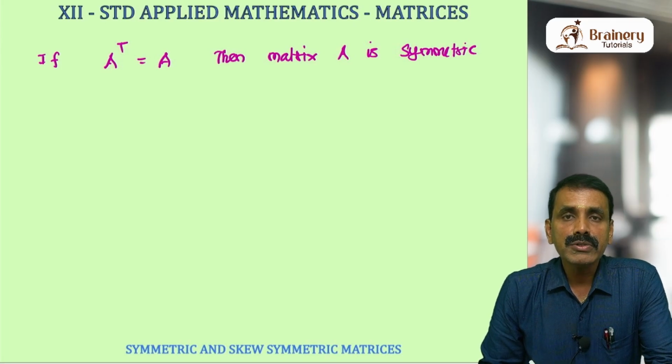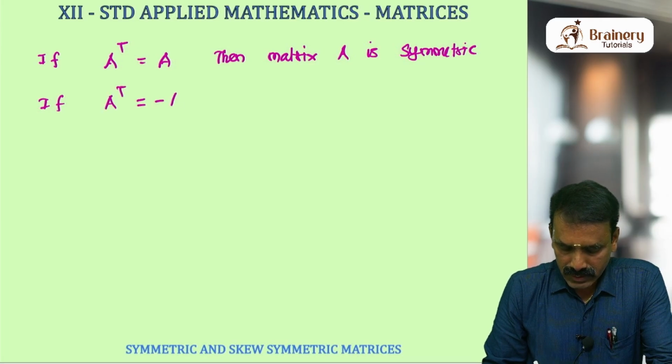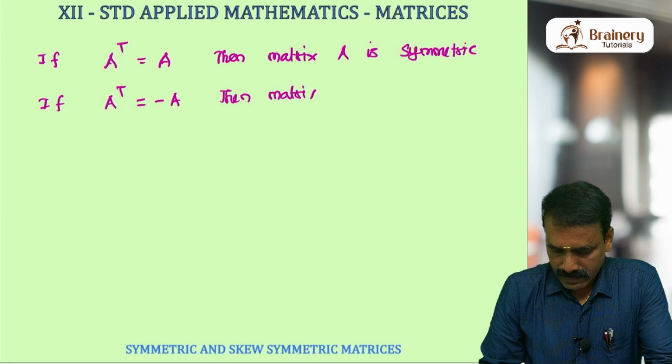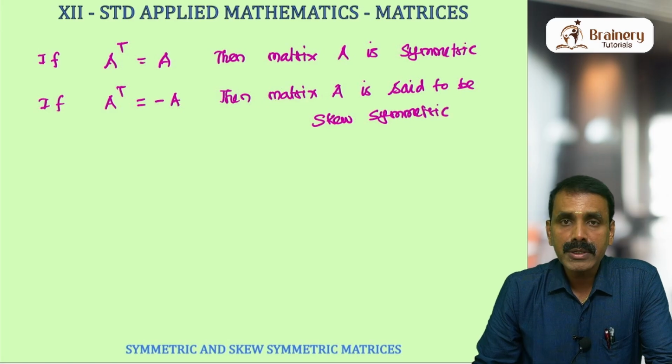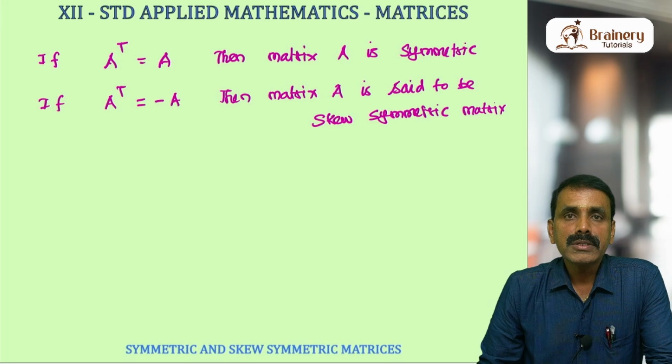A matrix is said to be skew symmetric if A transpose is equal to minus A. So these are the definitions for symmetric and skew symmetric matrices.